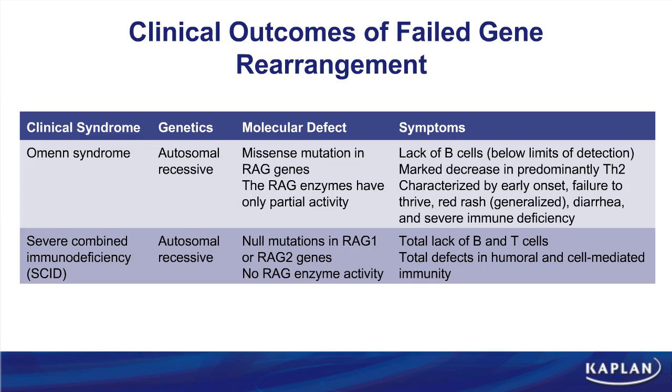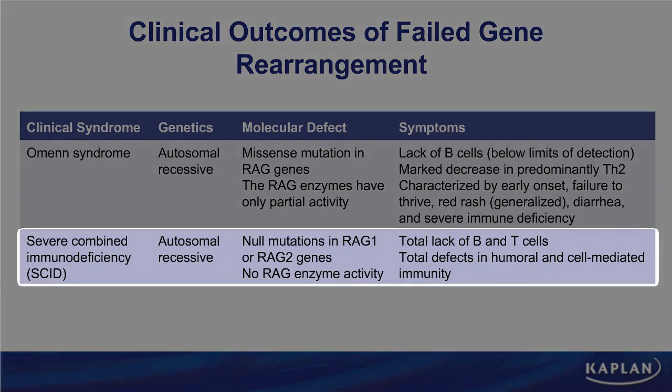So we're going to start at the bottom of this table and look at one form of severe combined immunodeficiency, which is the result of null mutations in RAG1 or RAG2, where those enzymes have no activity within the recombinase. This gives us severe combined immunodeficiency disease, because if we don't generate B and T cell receptors, none of those cells get selected and we have no B cells and T cells to protect the host. So we have a complete defect in both humoral and cell-mediated immunity.